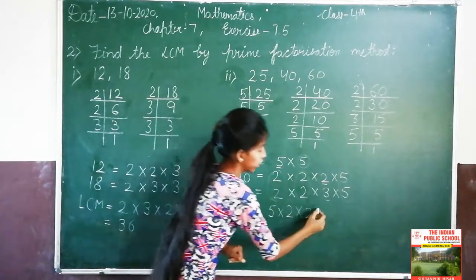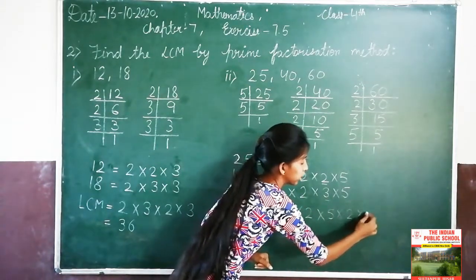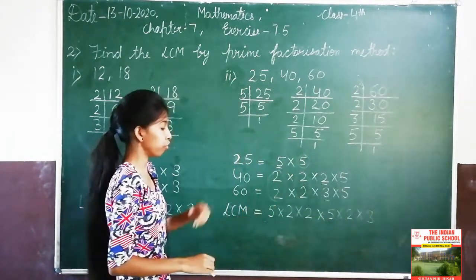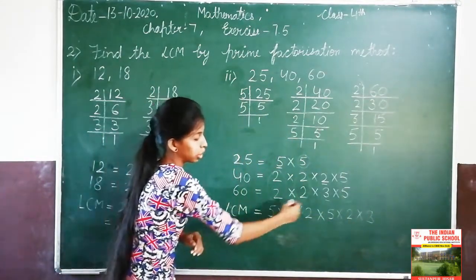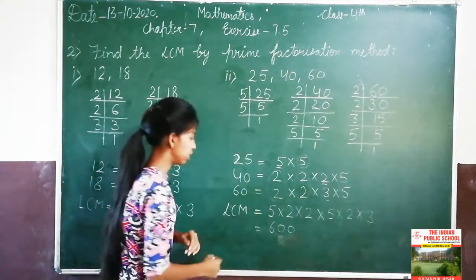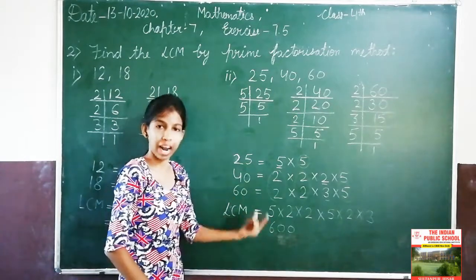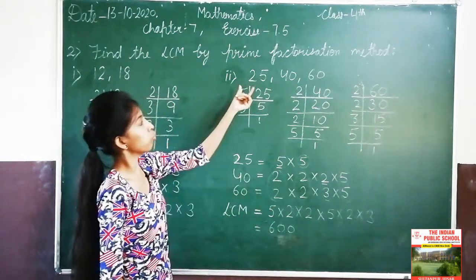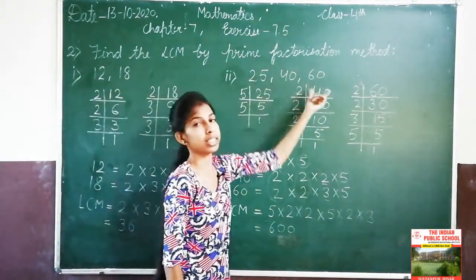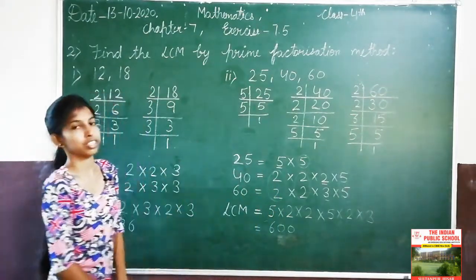We will also take these 3 numbers because they occur one time, which means they are the lowest common. So, we will take all of these. When we multiply all these numbers, we will get 600 as the LCM, the lowest common multiple of all. It means 600 is that number which comes in the table of 25, 40 and 60 at the lowest position. So this is all about the prime factorization method.